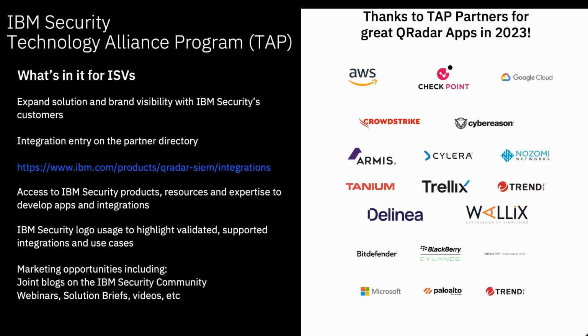There are various marketing opportunities when you integrate and publish an app. We can write joint blogs, do webinars like these, and have solution briefs. We can even create videos and post them on YouTube and the supported channels. We have done various such apps with very new products too and have published them.